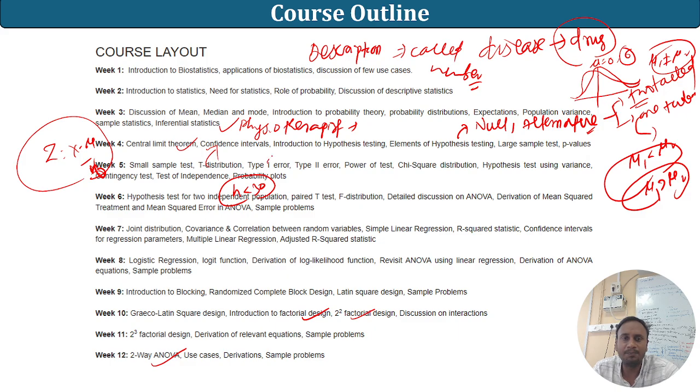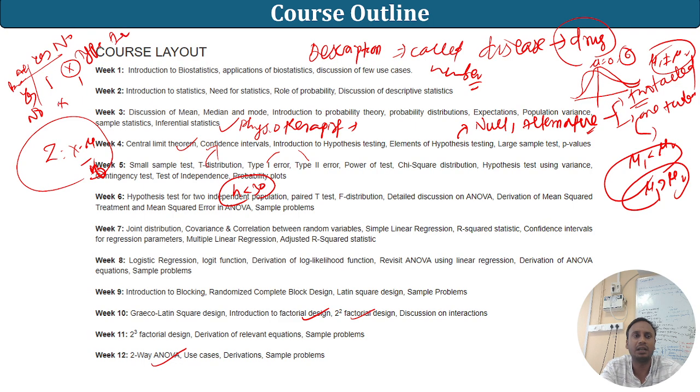What is type 1 error? Then we have the type 2 error. Let's say we have the contingency table, actual and predicted, yes, no, yes, no. So if you're not able to make the correct prediction, this will become your type 1 error and this will become your type 2 error.